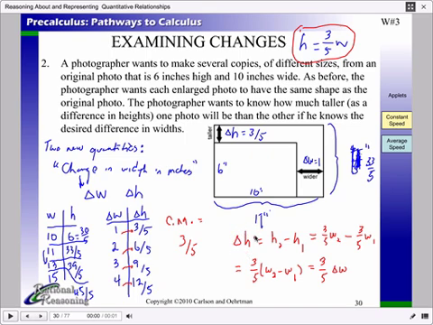No matter what change in height that we pick, see, this represents now every change in height. Mathematically we showed that every change in height is equal to 3/5 times the change in width. That proves our conjecture.